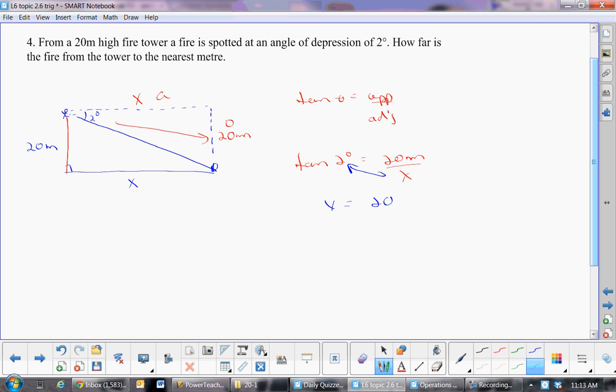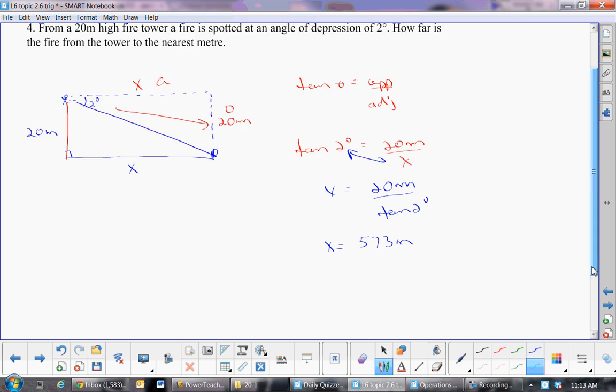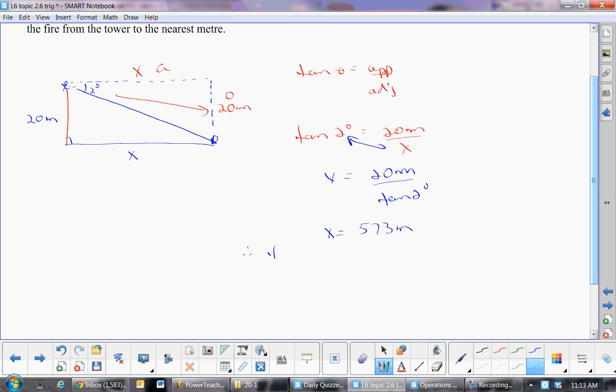X equals 20 meters over tan 2 degrees. To the nearest meter. And remember, because it's a word problem, therefore the fire is 573 meters away.